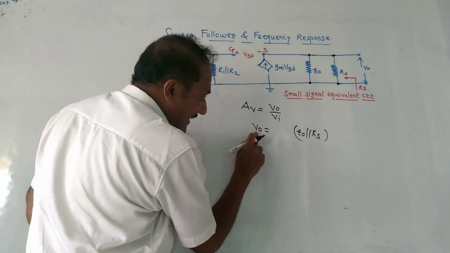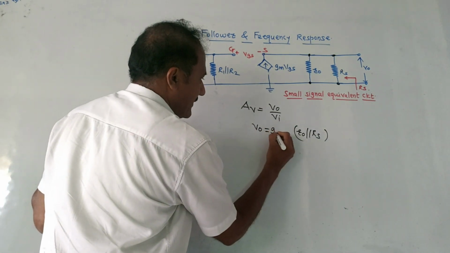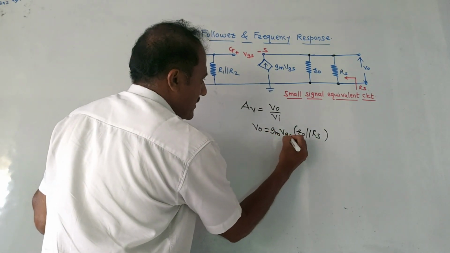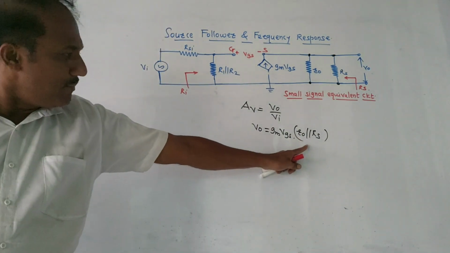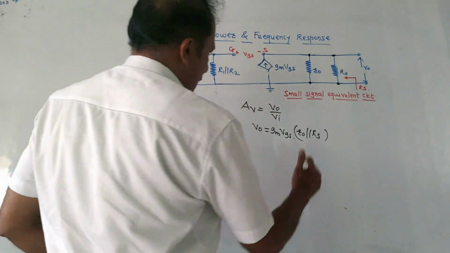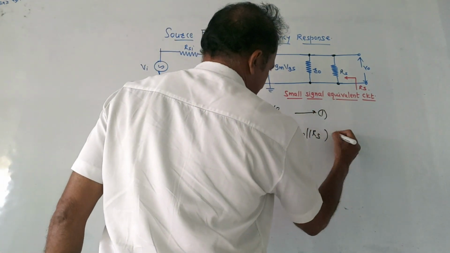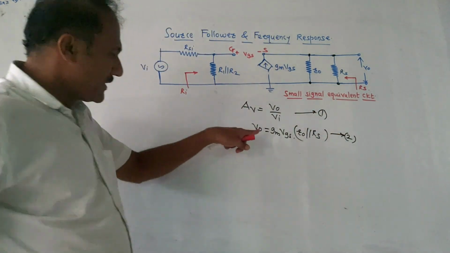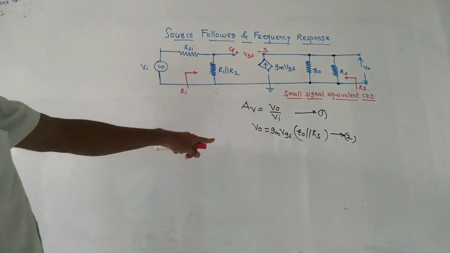So I can write the equation of V0 as the current, that is GM into VGS, into the parallel combination of R0 and RS. Let us give some equation numbers. So this is equation number 2, which is the equation of output voltage.